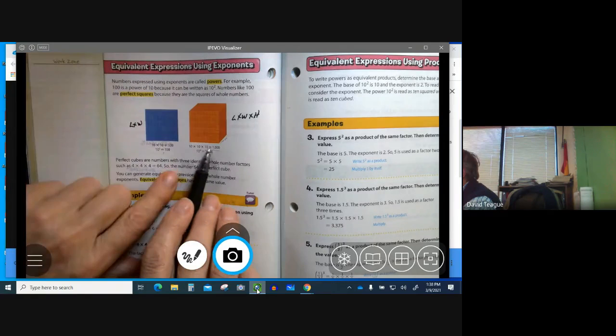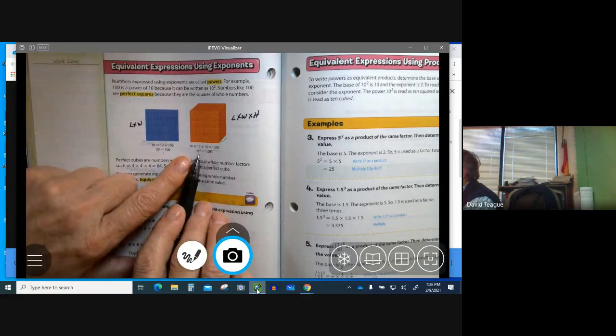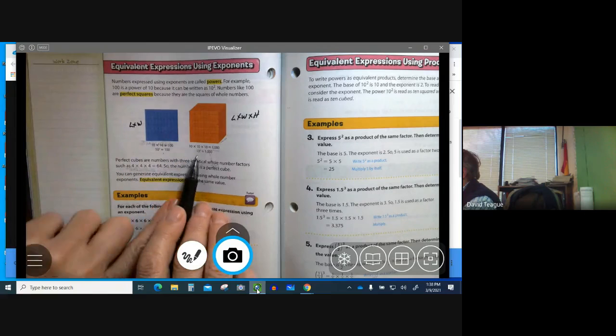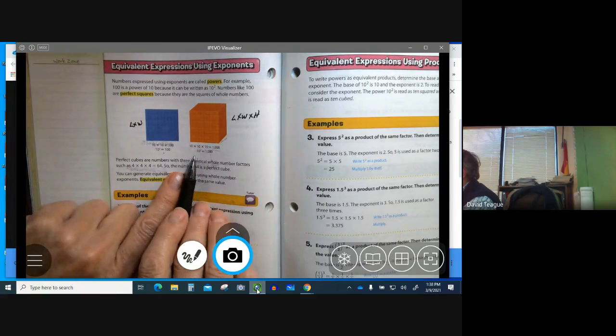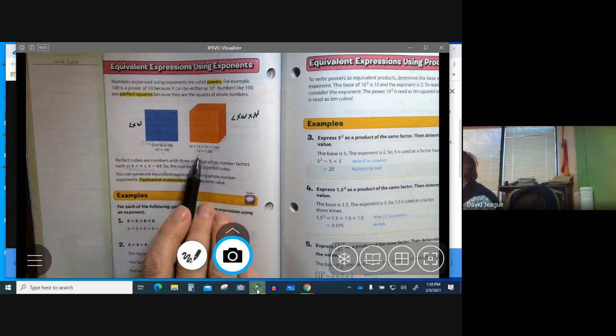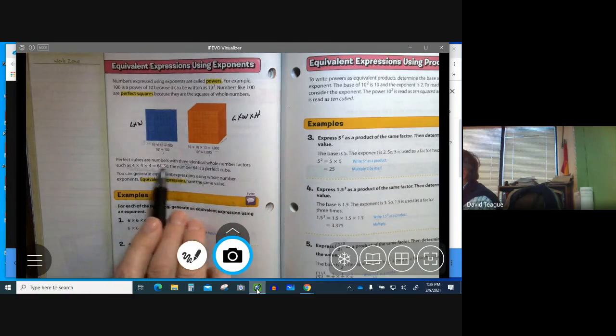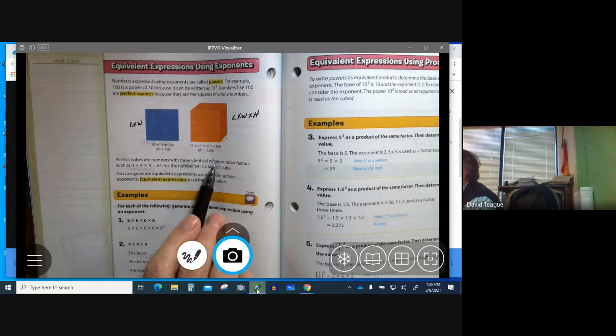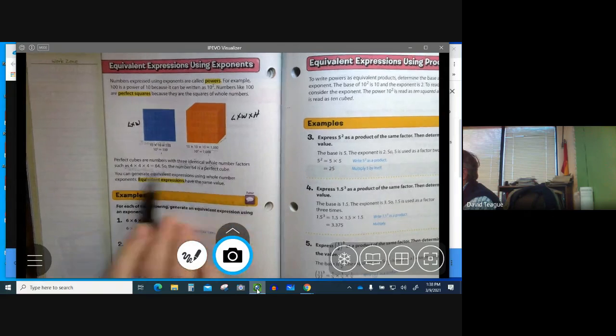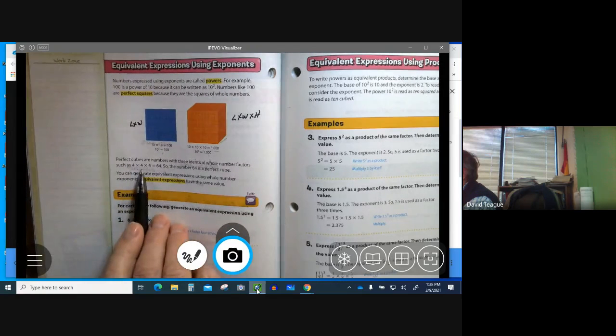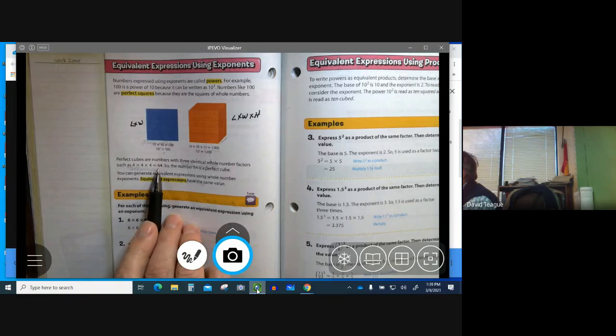So this could be written as 10 cubed, or 10 to the third power, whichever. Cubed is shorter. Perfect cubes are numbers with 3 identical whole number factors, such as 4 times 4 times 4 is 64.